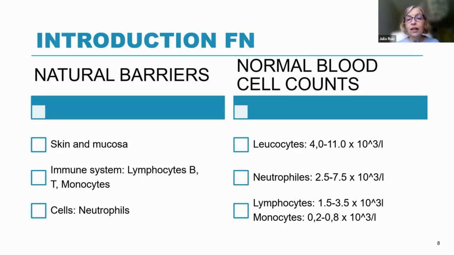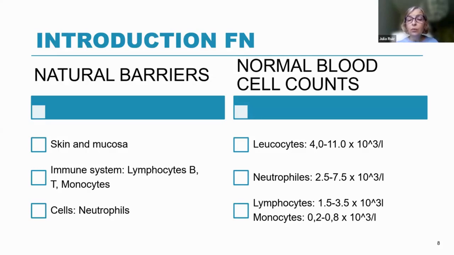On the right side of the slide, you can see the normal cell counts of the cells we have presented. We have the leukocytes. In this case, I've put these numbers, but it's okay. We can say 4.0 per 10 to the 9th per liter, or we can say 4,000 per microliter. So we can understand both measurements. It's equivalent.